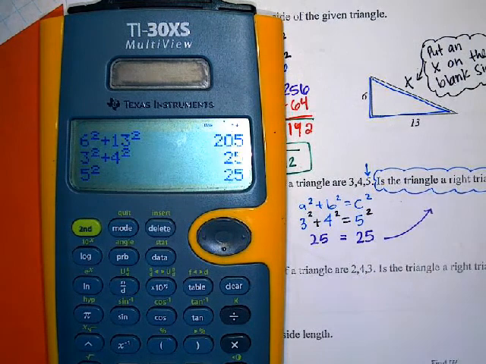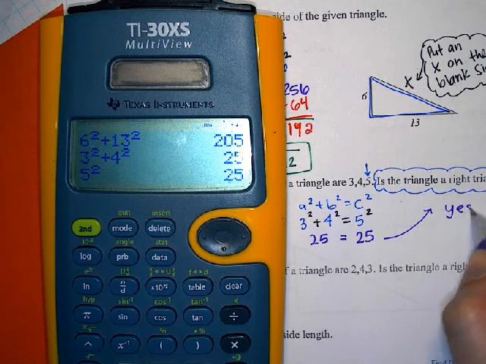Do you think that it is a right triangle if it ends up saying 25 equals 25? Yes, that is a true statement.